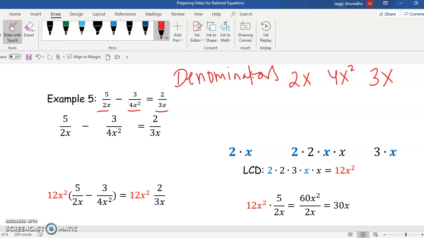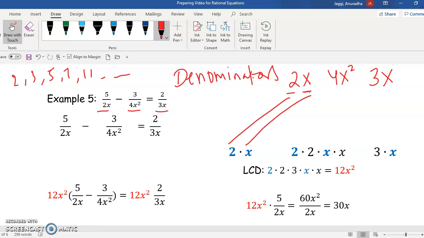Okay. Just quickly recalling the prime numbers: 2, 3, 5, 7, 11, and so on. 2 is a prime number and x is a linear factor. Okay, there is no x square or x cube involved. It is a linear factor. So you just copy down your 2 and x.